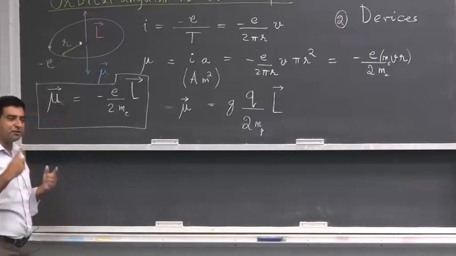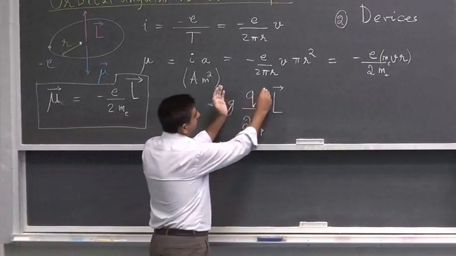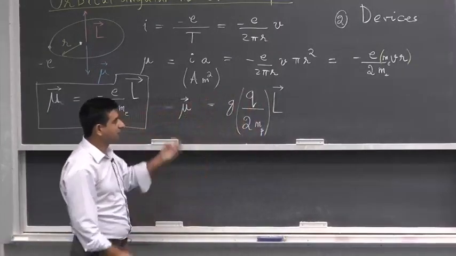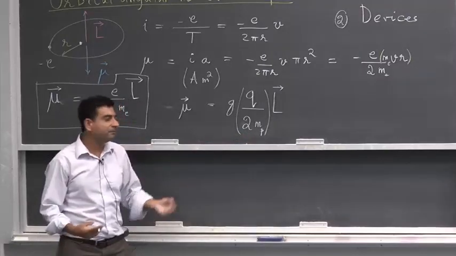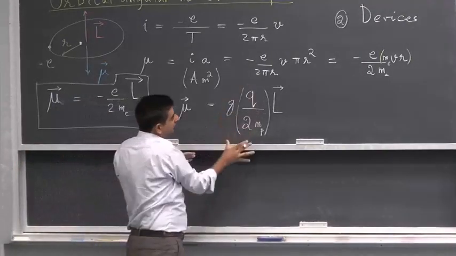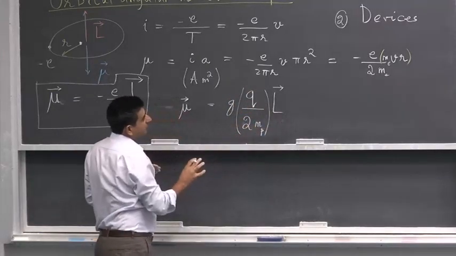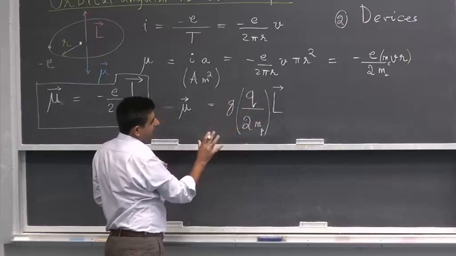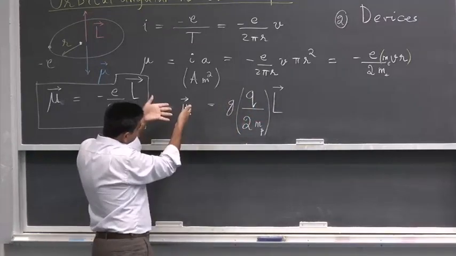So whenever you have a charged particle and you form this ratio, the charge of that particle divided by 2 times the mass, for standardization you can talk about the mass of a proton. This quantity has certain dimensions. You multiply this with the orbital angular momentum or any angular momentum and have a constant of proportionality, because this is a measurable.